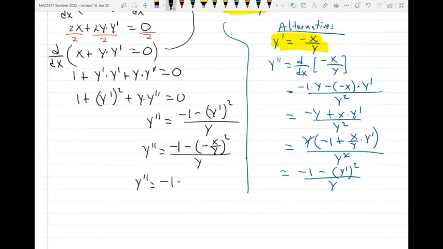So that would be -1 minus x squared over y squared, because this other negative is killed by this squared. Okay? So this negative aside survives. There is no negative all over y.